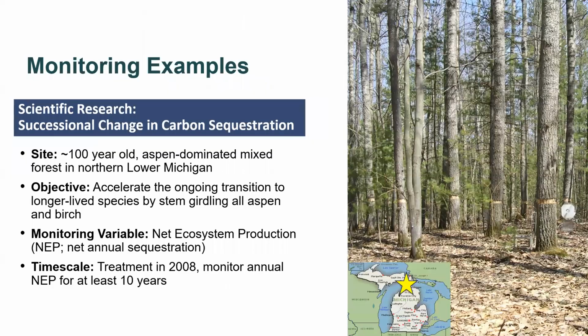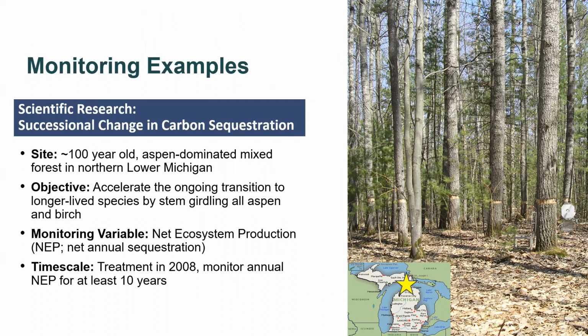The last monitoring example I'm going to talk about is another example of scientific research. I'm going to share it here, just hoping that it's interesting to enough of you as to make it worthwhile. This is going to be the most informationally dense example I provide.